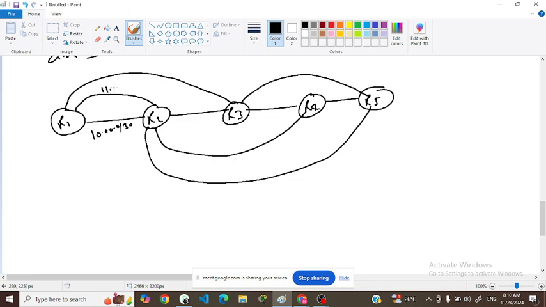This is the 11th, this is the 12th, 13th, 14th, 15th, 16th, 17th, 18th.